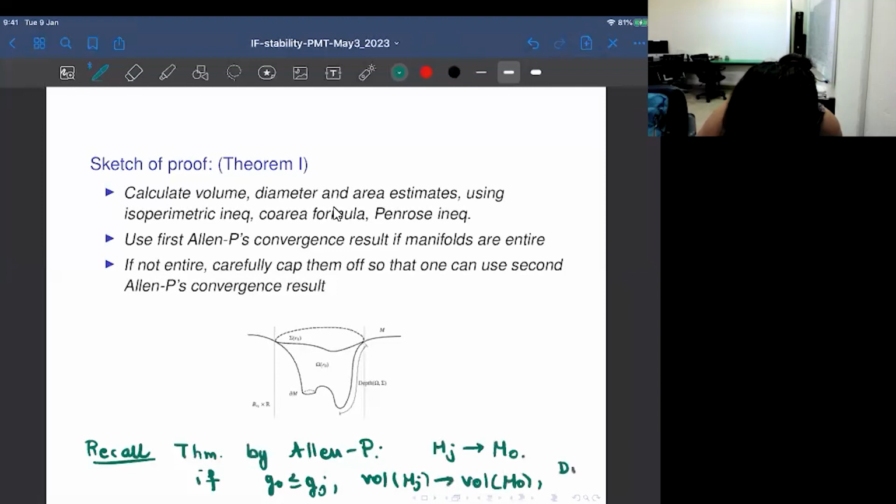Well, diameter bound and area bound. Let me just put it like this. Okay, so we need this.